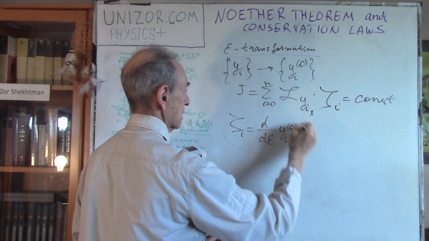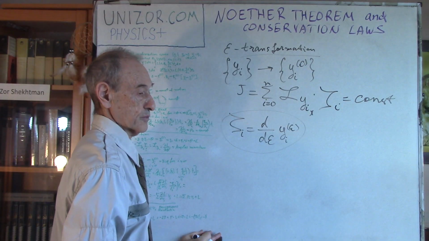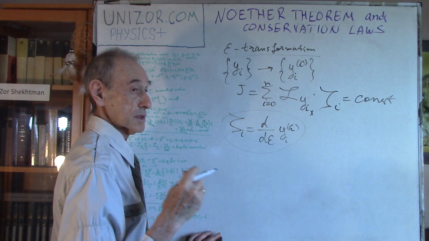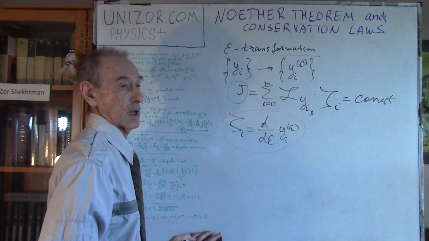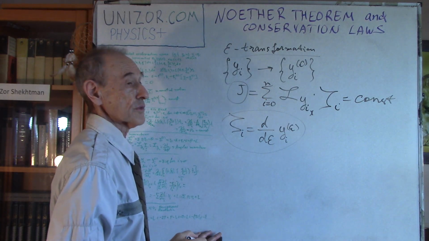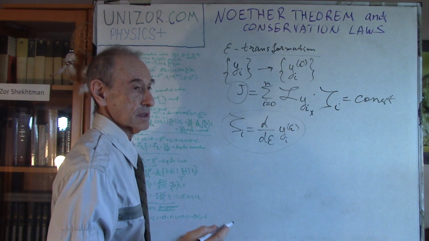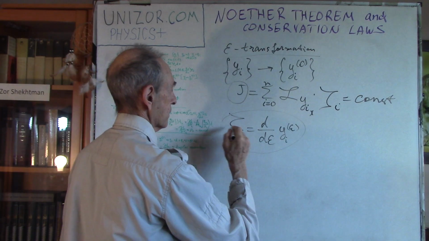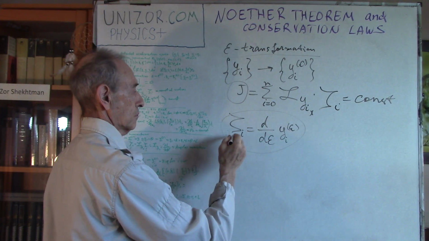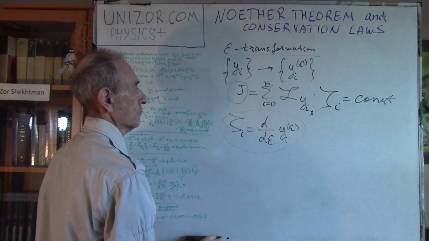So this is the speed of change of the coordinates when the motion starts, and this is supposed to be a conserved quantity. That's basically the end of Noether's theorem. These things are called generators, for each corresponding coordinate.